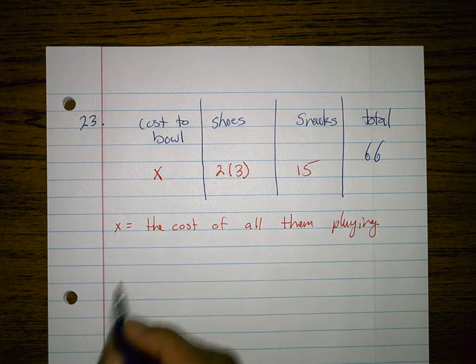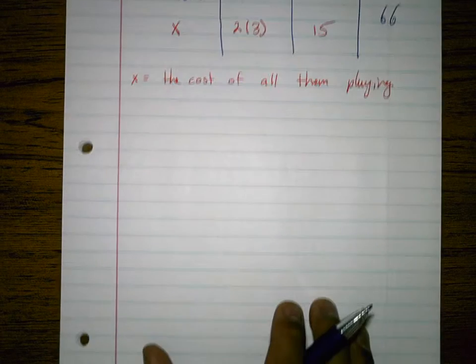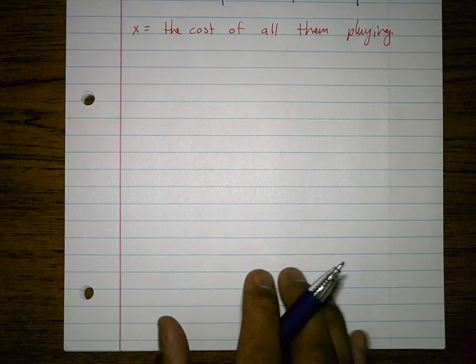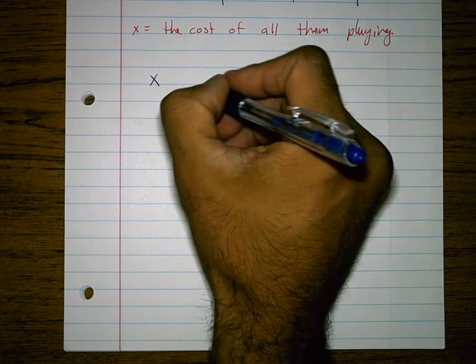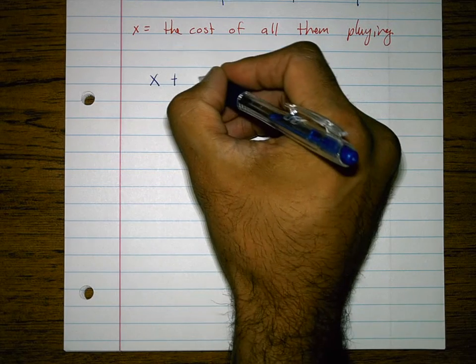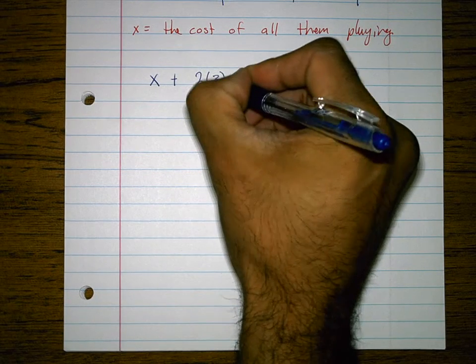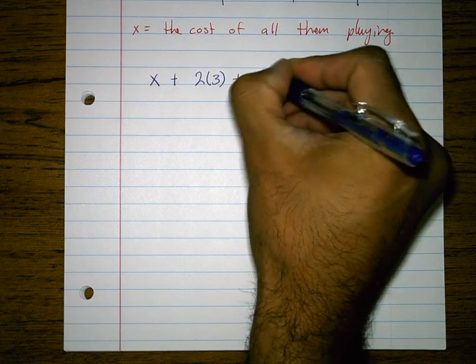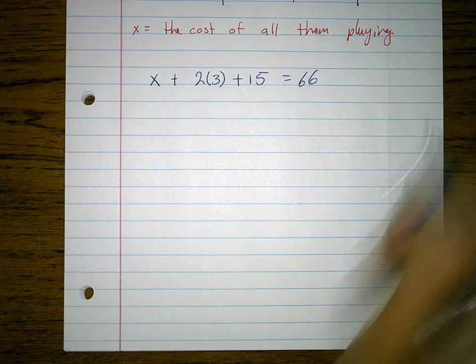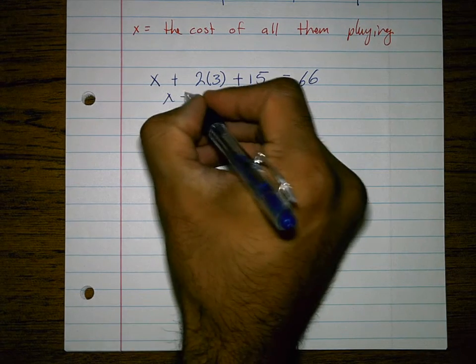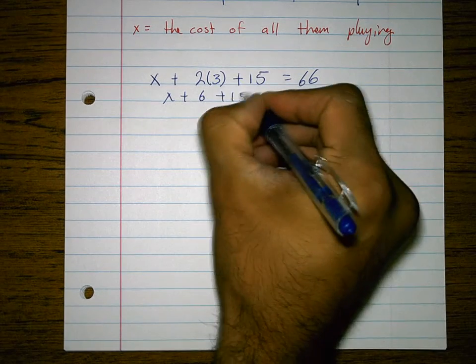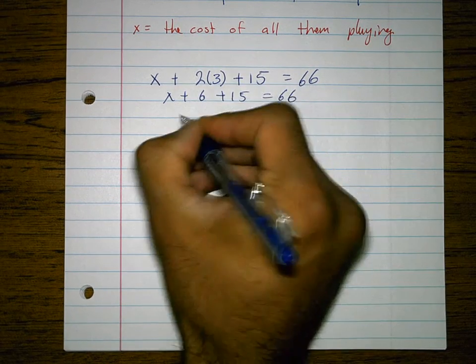So setting this up, it should be X plus the cost of the shoes plus the cost of the snacks equals 66. This is going to be X plus 6 plus 15 equals 66.